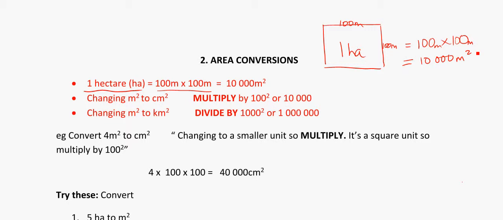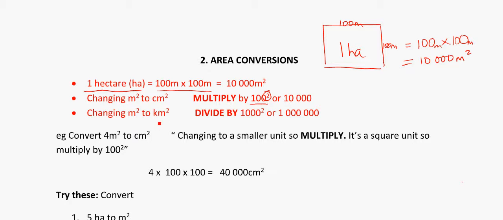Okay, now we have similar rules to our linear conversions. If you're changing to a smaller unit, you multiply, but what you have to do is multiply by whatever it is for linear, and you have to square it because it's a square measure.